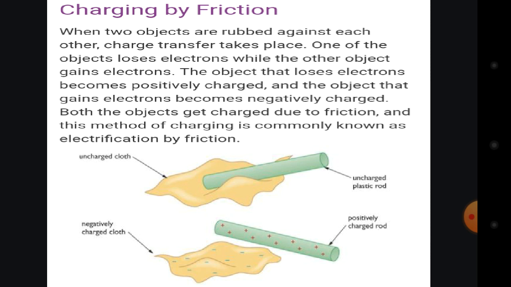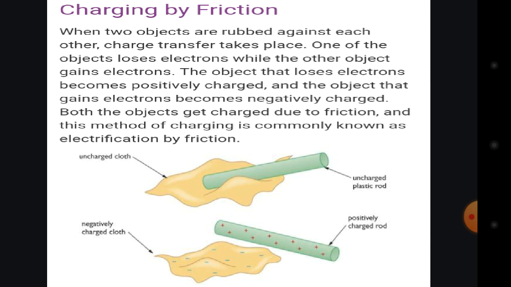Whenever we have two objects and we put those objects in contact, we rub them together. If you look at this example here, we have an uncharged cloth, the one in yellow.